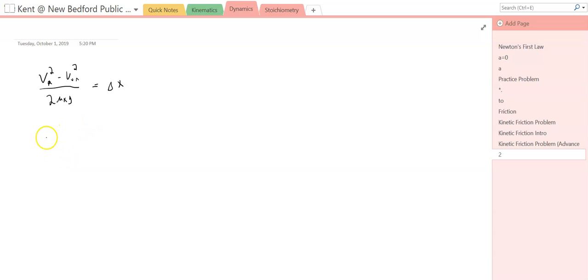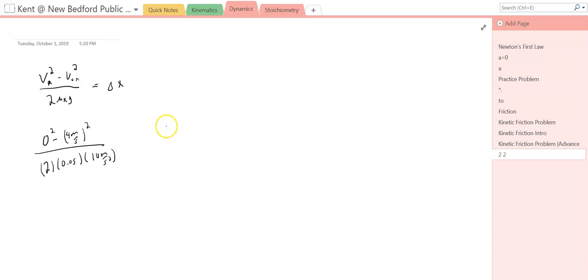So 0 minus 4 meters per second, squared, over 2 times mu k, which was 0.05, so 2 times 0.05 times g, which is 10 meters per second squared.